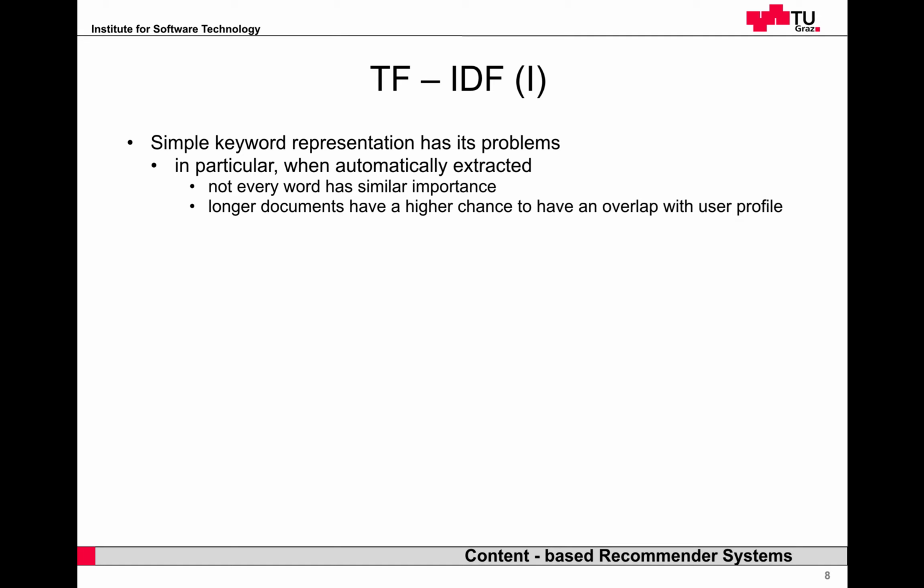The reason is that the simple keyword representation of a document can trigger some issues, particularly when keywords are automatically extracted. Not every word has similar importance. Actually, some keywords should have a higher importance compared to others.